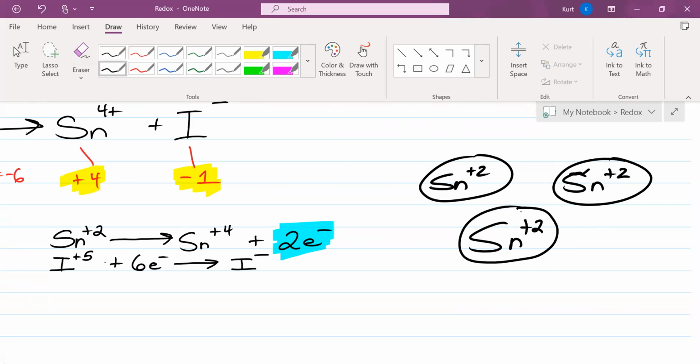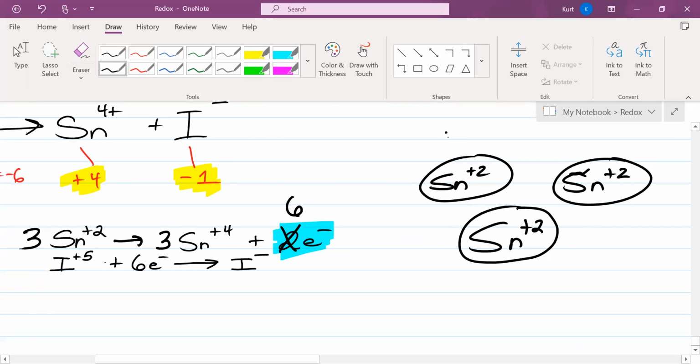So how many total electrons will be lost? 6. So we can replace that 2 with a 6. How many tins do we need if each tin is losing 2 electrons? We need 3. That's all you got to do. So put a 3 coefficient in front of both of them, and you're done.